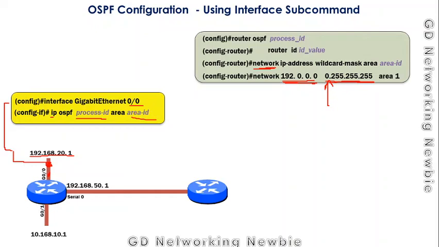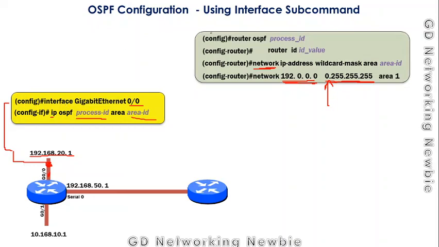By using this command, we only enable OSPF on the particular interface on which we want to configure it, because sometimes we don't want all of the interfaces of the router to be configured with OSPF. So this becomes a bit more flexible. In this case, we become very specific and only go to that particular interface and enable OSPF on it.